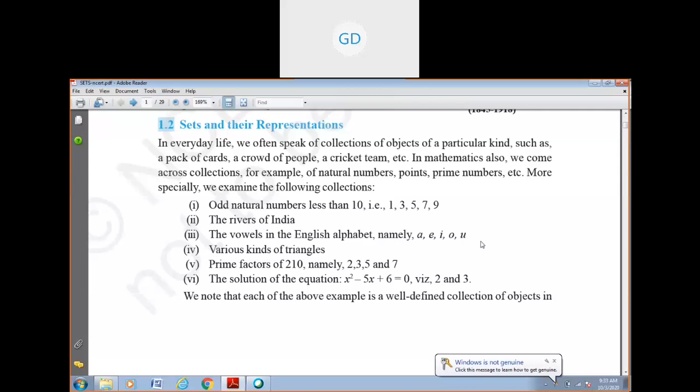So that's why in mathematics it is defined that any collection of well defined objects is called set. You can note that.